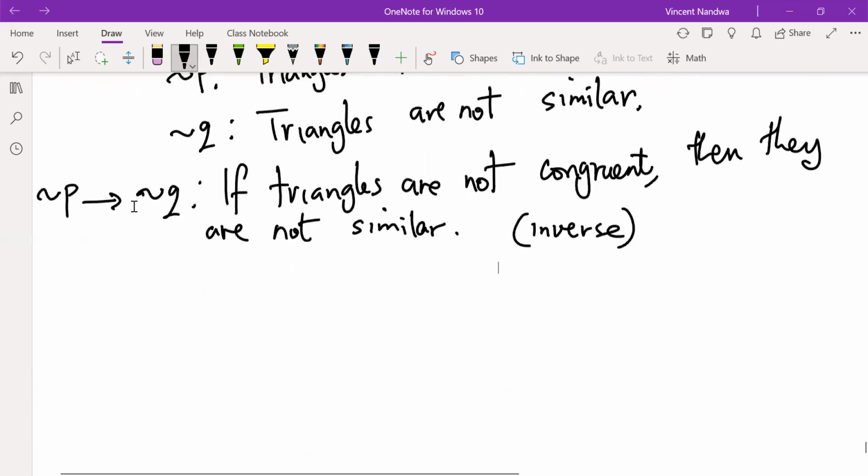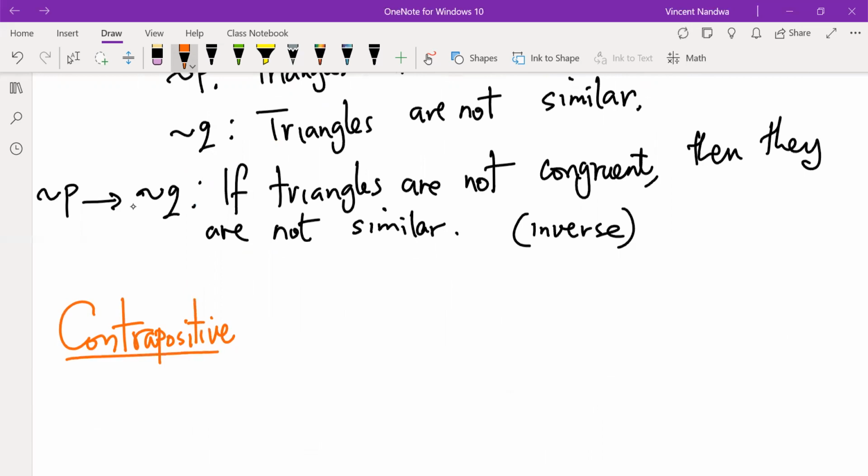And lastly, contrapositive. So let P and Q be two propositions.